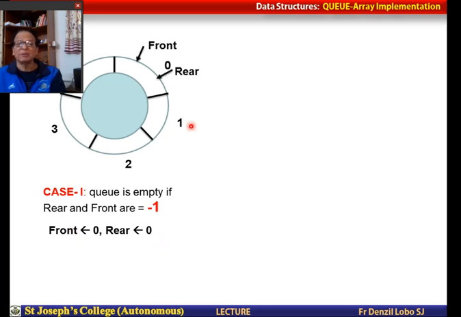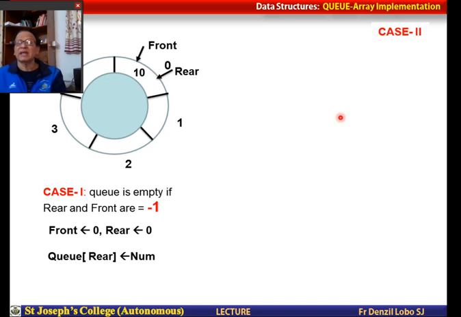Simple, so both of them are pointing to the 0th cell, and we insert the number. This is very simple. Insert the number there. This is case 1, that is, my circular Q is empty. Then I initialize front to 0, rear to 0, and then insert the number at the rear position.